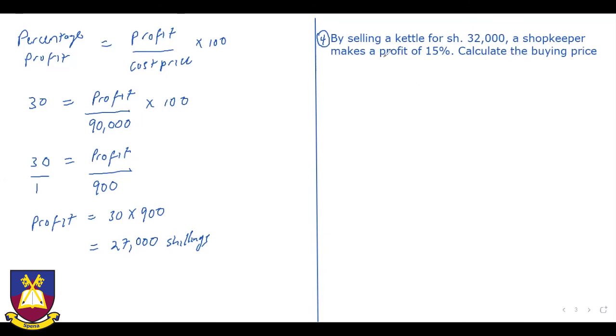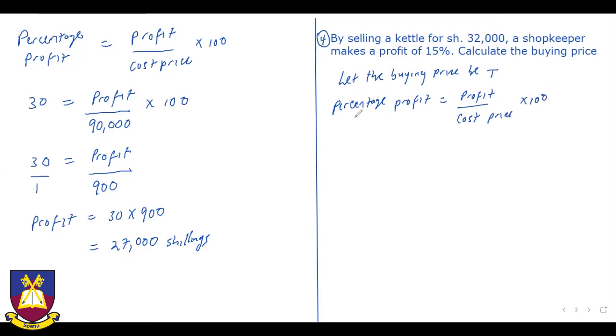We're looking for the buying price, so we could first let the buying price be T. So we have percentage profit, which is equal to profit out of the cost price times 100.